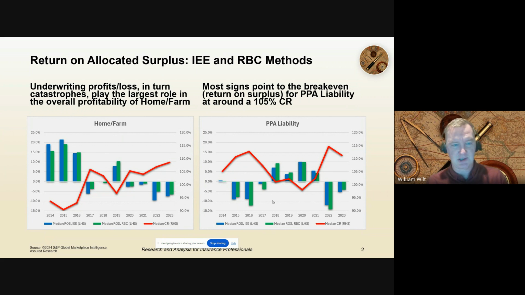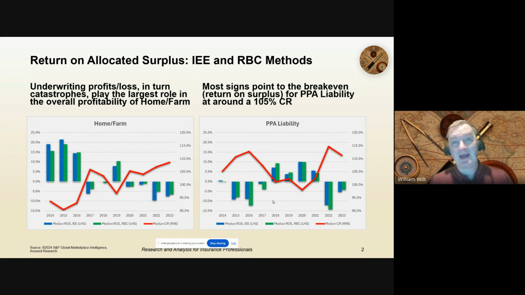And in this exhibit, which I'll explain more in a second, that's what we refer to in the blue there is the median return on surplus in the IEE methodology. The risk-based capital methodology, some of you will be familiar with. It's been around since the early 1990s.